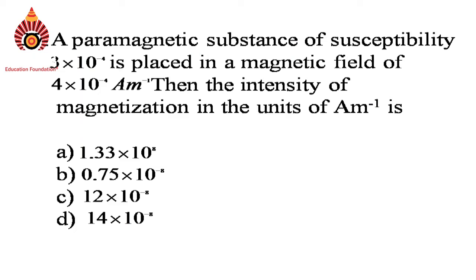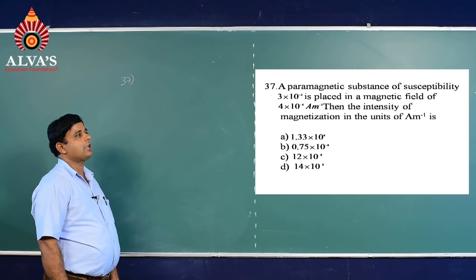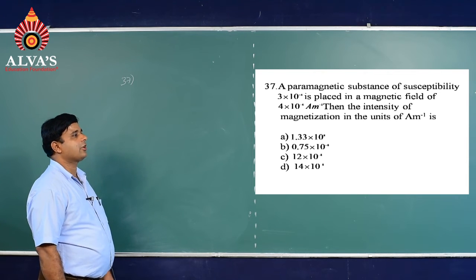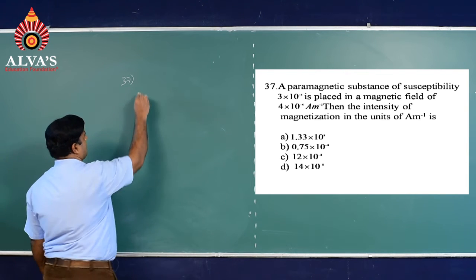A paramagnetic substance of susceptibility 3 into 10 to the power minus 4 is placed in a magnetic field of 4 into 10 to the power minus 4 ampere per meter, then the intensity of magnetization in the units of ampere per meter is? Here susceptibility is given, magnetic field is given, you have to calculate the intensity of magnetization.